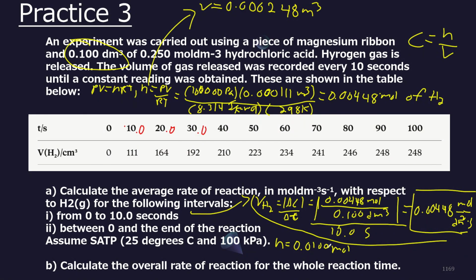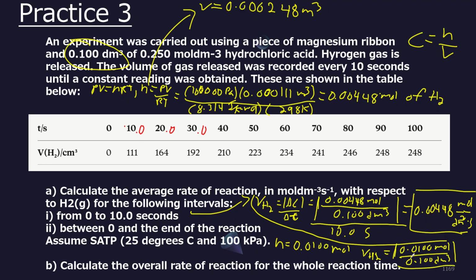Okay, so if we want to find the rate with respect to H2 for the entire reaction time, we'll use the absolute value of 0.0100 mole over the same reacting volume, 0.100 decimeter cubed. All of that in the absolute value divided by the time.